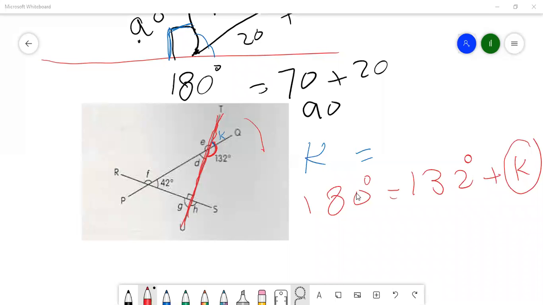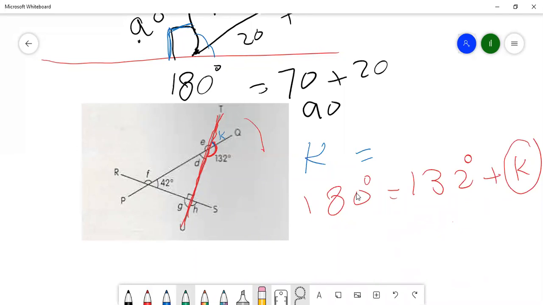132 plus 70 equals 200 and 2. This is not correct. We need to find 180.